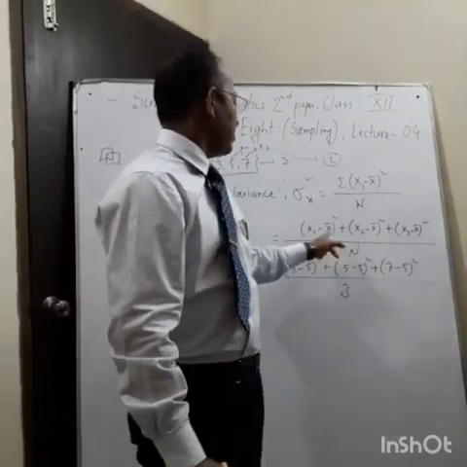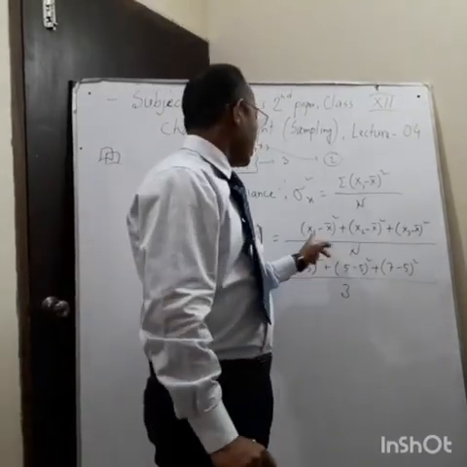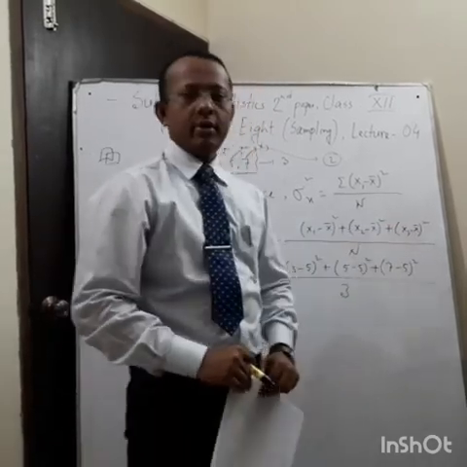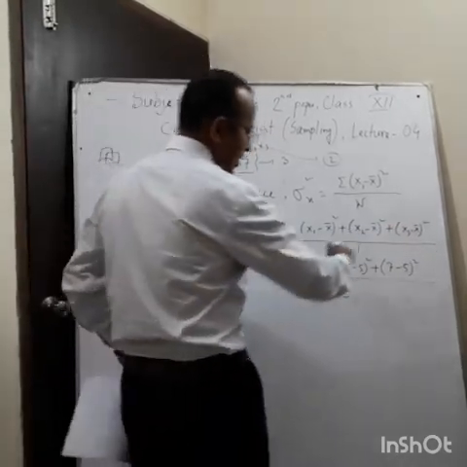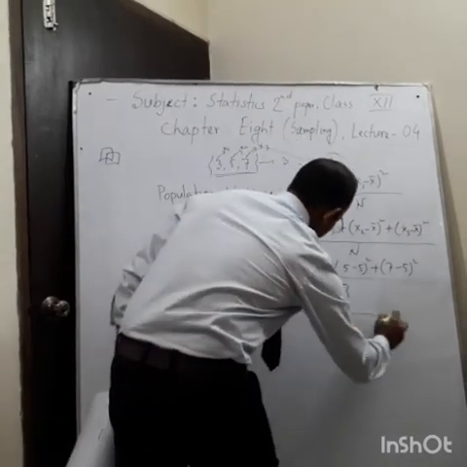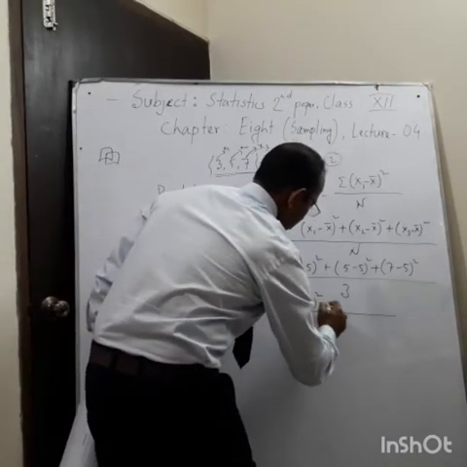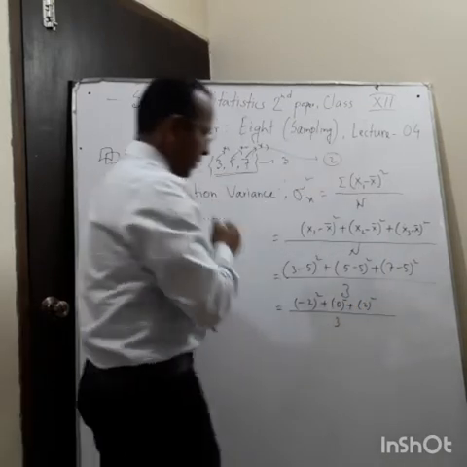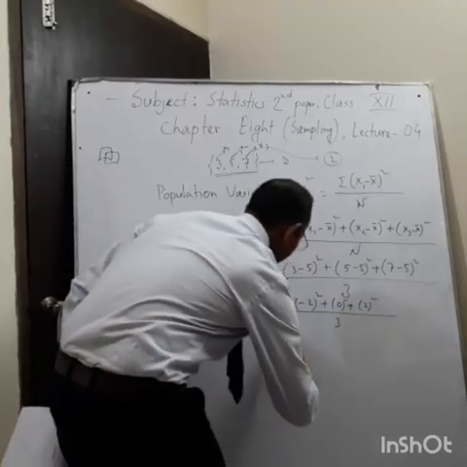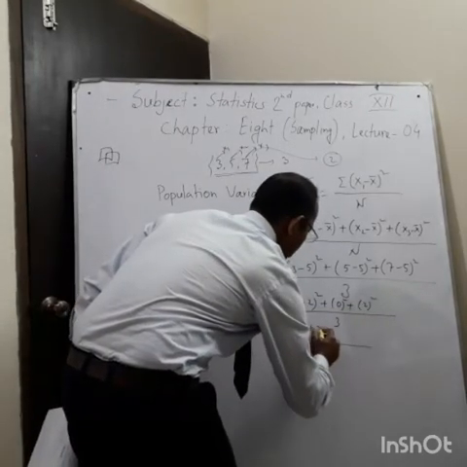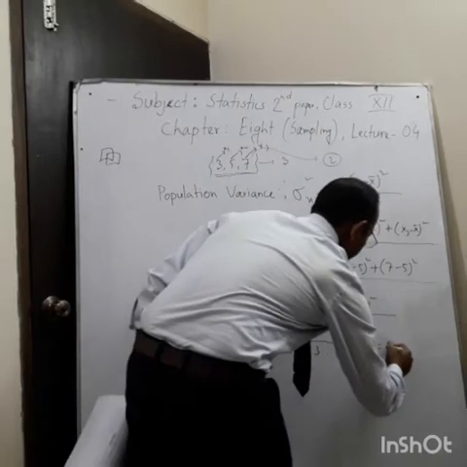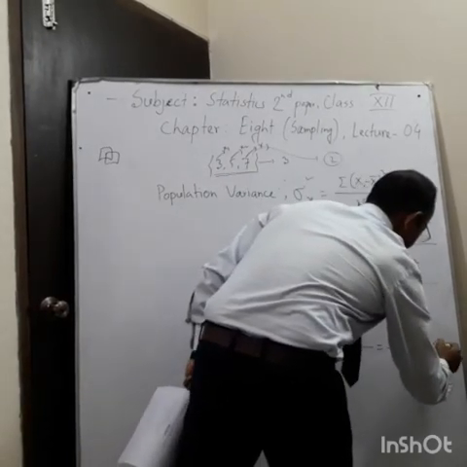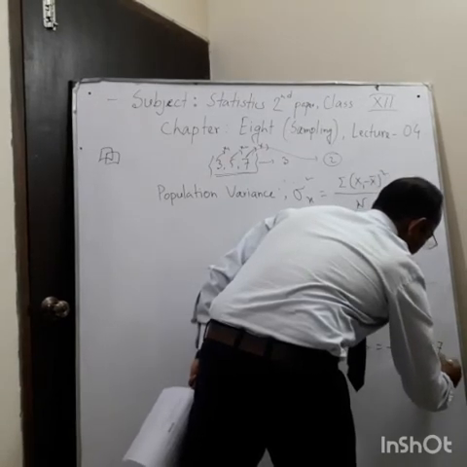So replacing the values of x bar and x1, x2 and x3, that is xi, after replacing we get minus 2 whole square plus 0 whole square plus 2 whole square divided by 3, and it is 4 plus 0 plus 4 by 3, that is 8 by 3, that is 2.67 approx.